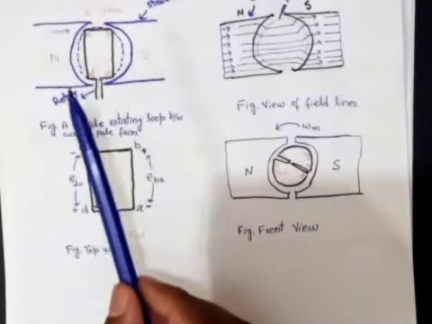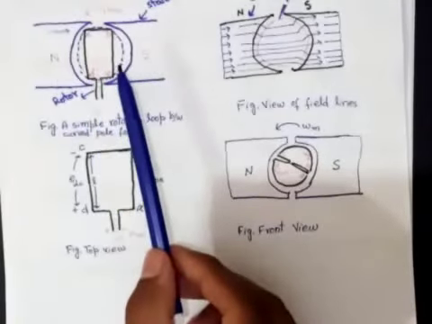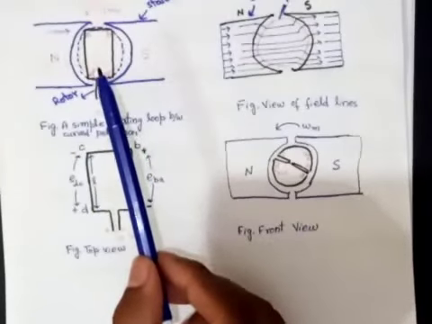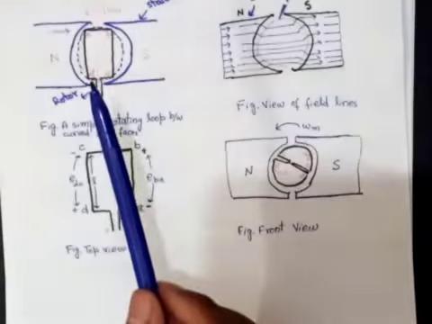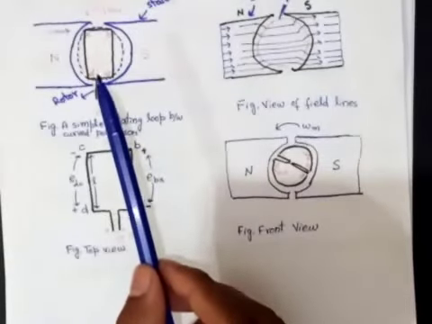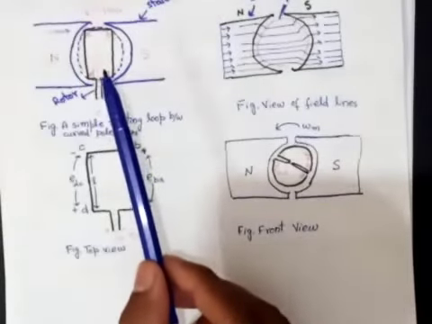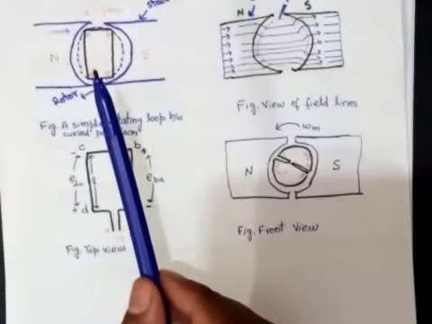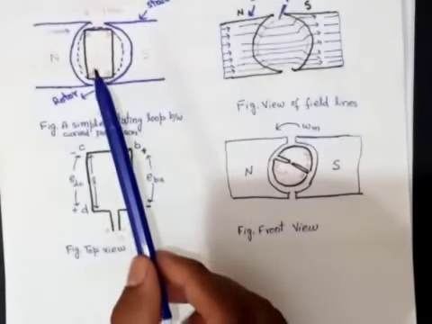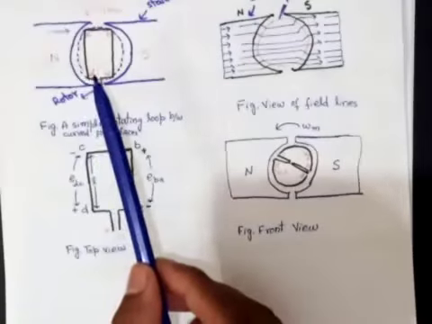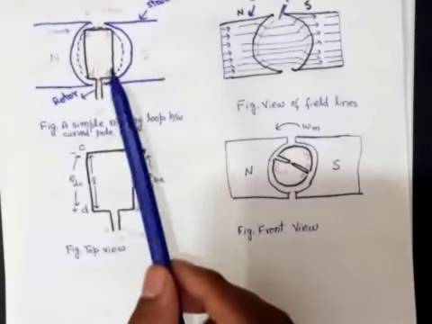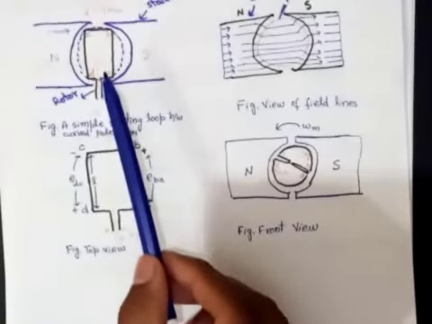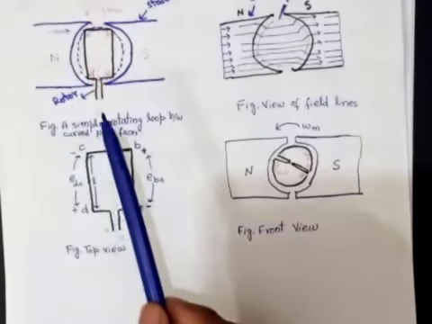It depends on the external mechanical power. If we apply the power in clockwise, then the direction of the machine will be clockwise. If we apply the external mechanical power in counterclockwise, then the direction of rotation of the machine will be anti-clockwise or counterclockwise.